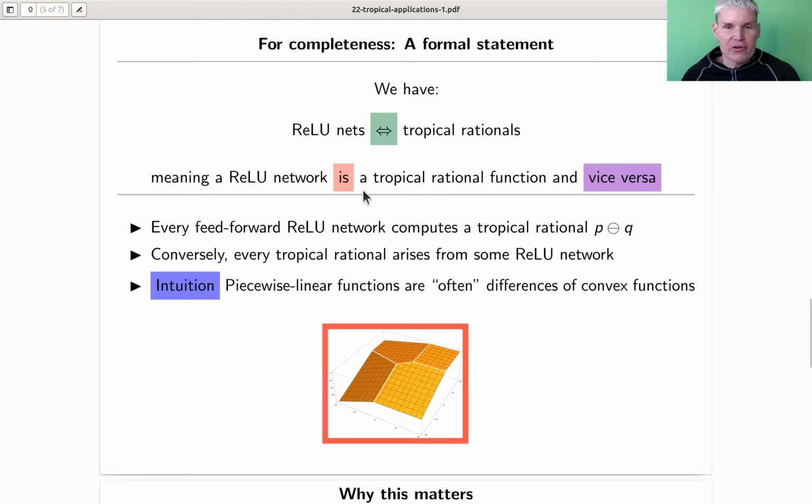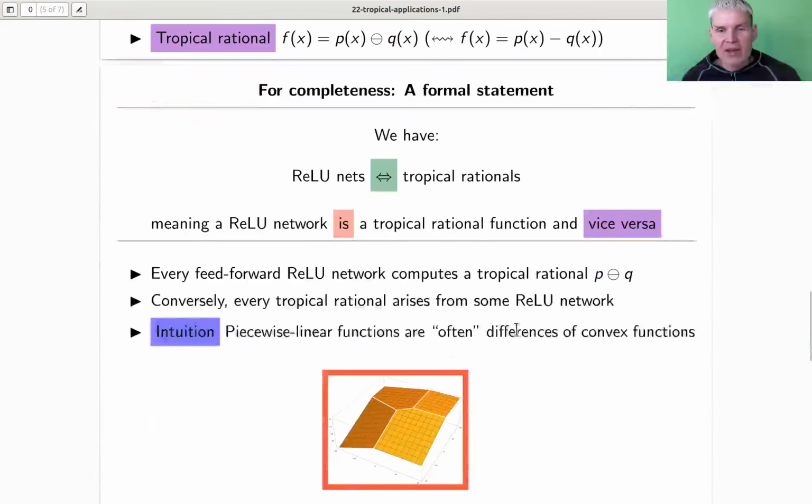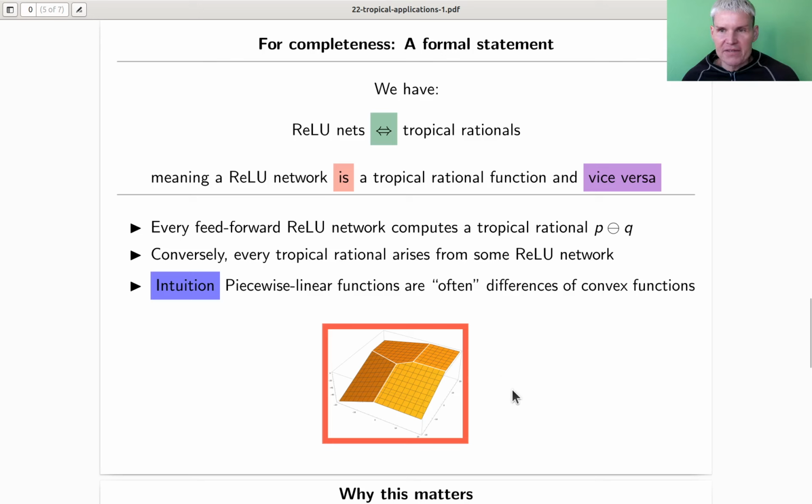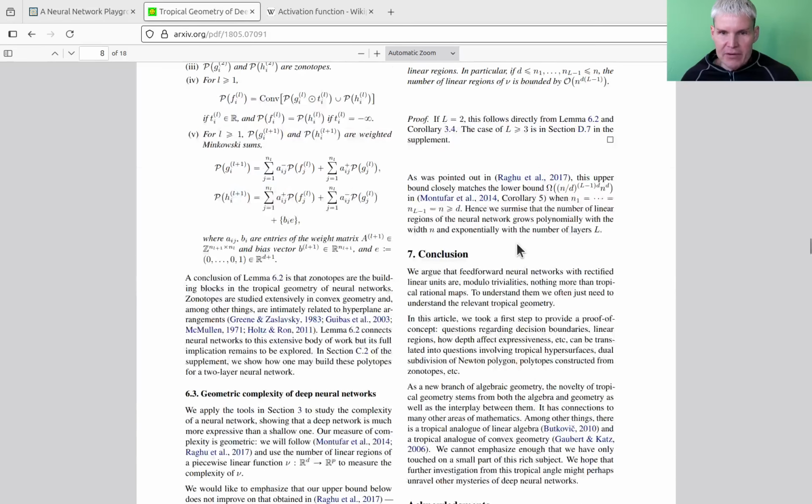Every ReLU network is a tropical rational function and vice versa. It's kind of a nice result, a really nice result. That's all you need, tropical rational functions, right? So you study tropical polynomials in tropical geometry, and of course you also study tropical rational functions in tropical geometry.